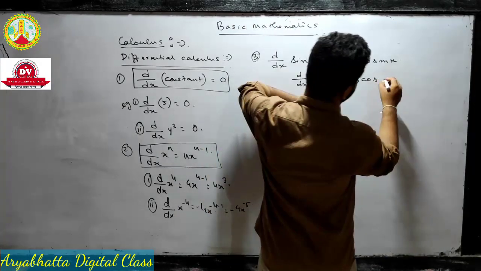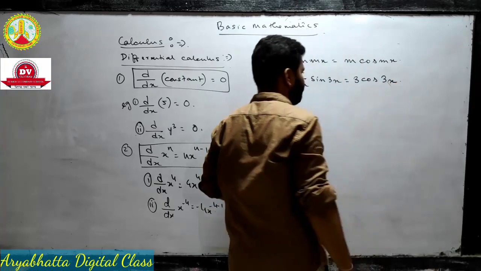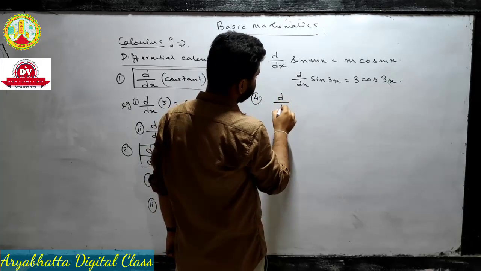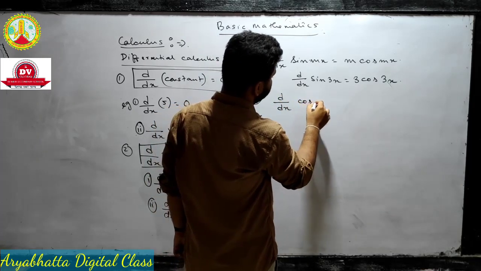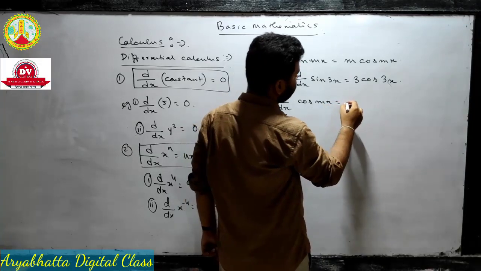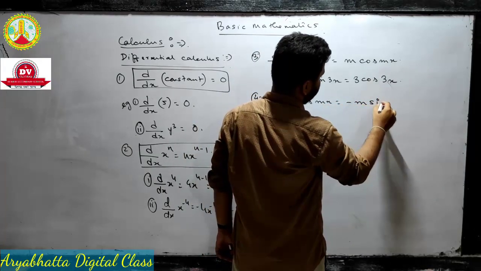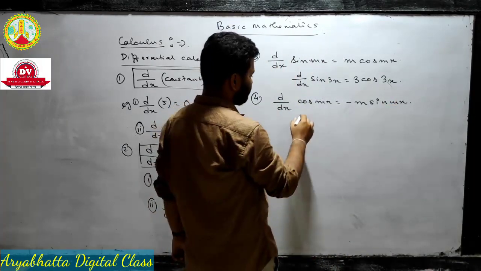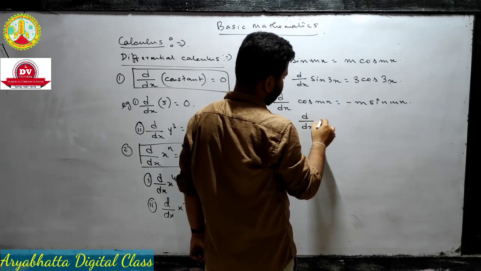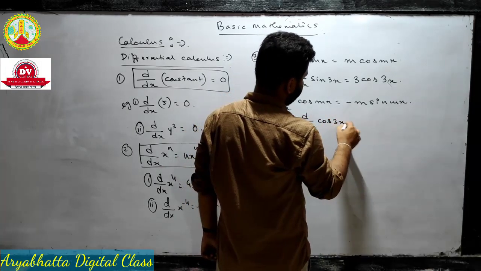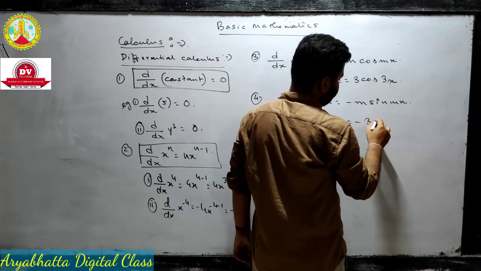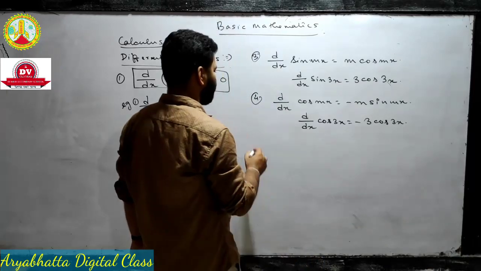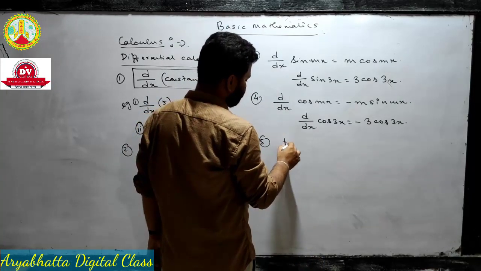So 3 cos 3x. Done. Number 4, what will happen if it is cos mx? Then d/dx of cos mx will be minus m sin mx. For example, d/dx of cos 3x will be minus 3 sin 3x. Done.